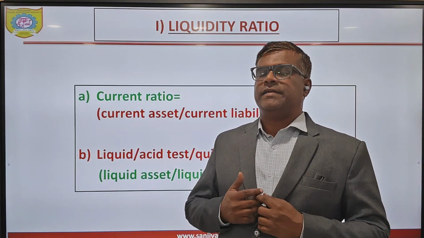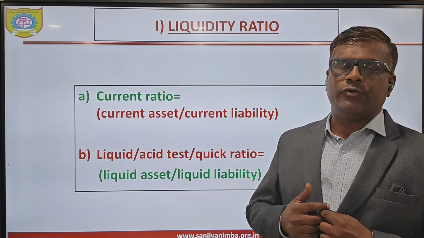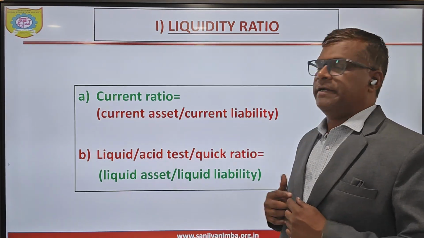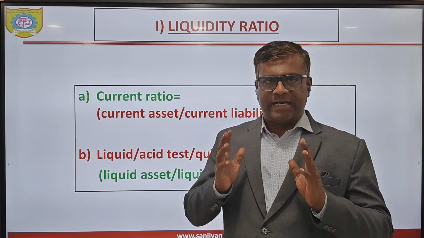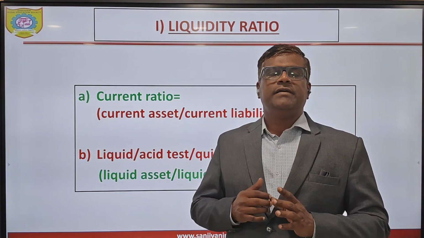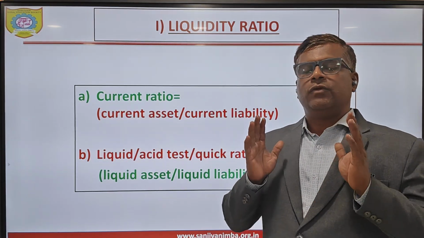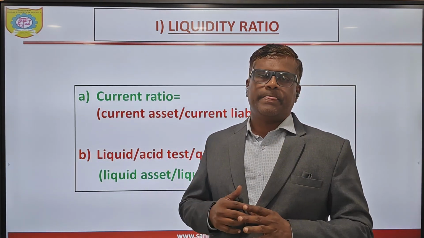So let's see the first one, current ratio. The formula is current asset divided by current liability. Current asset is the asset which is readily in the form of cash or which will become cash within one financial year.